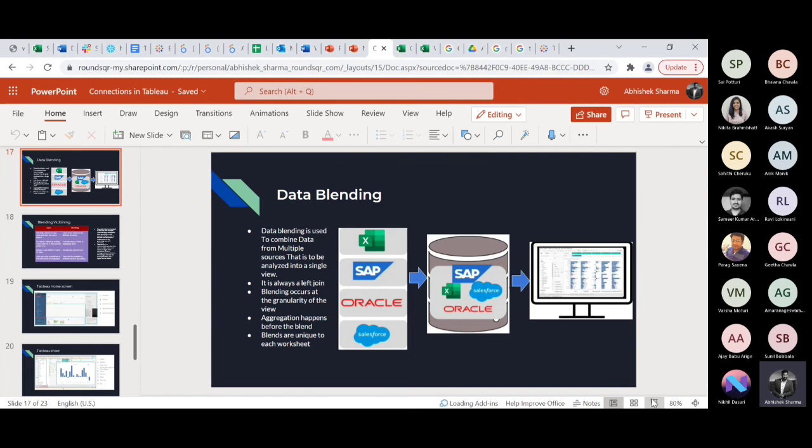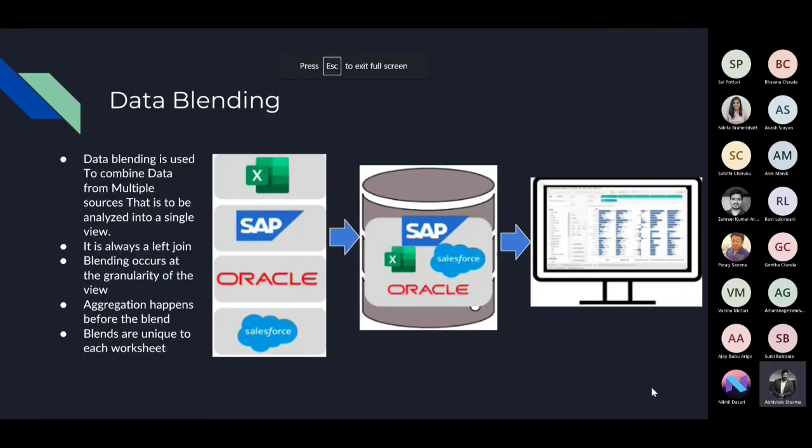Complete this part here. Just to reiterate, data blending is something we do when the data is coming from multiple sources. Second, it's always a left join. Third, it occurs at the granularity of the view. If you remember, it occurred on the region first, when we brought in the revenue from the second file, and then we brought in the period.